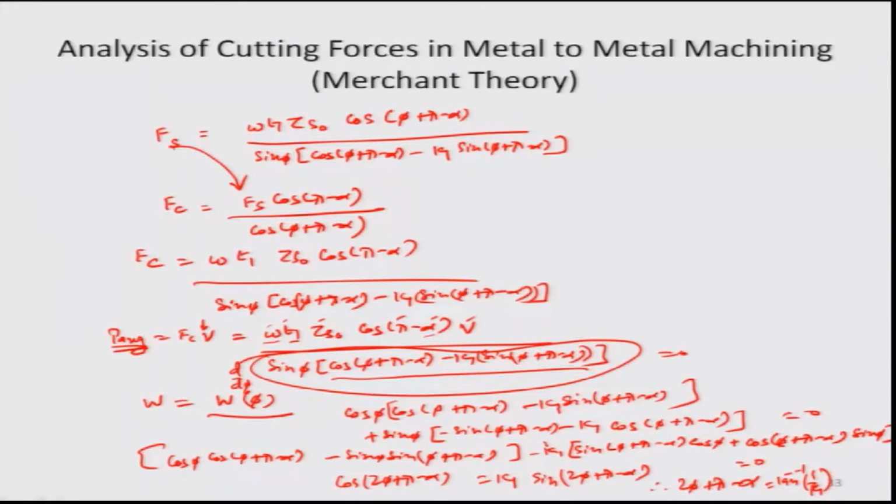So, obviously tan inverse of 1 by k1 can be treated as a constant. In other words, our condition now changes to twice phi plus lambda minus alpha equal to a constant Cm.